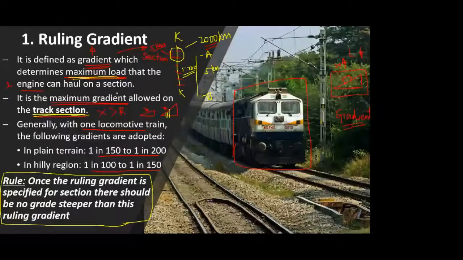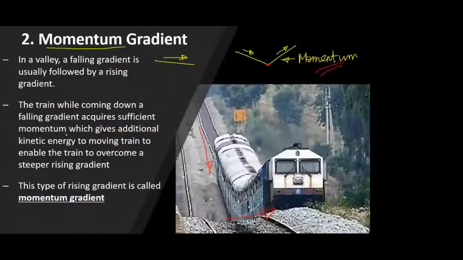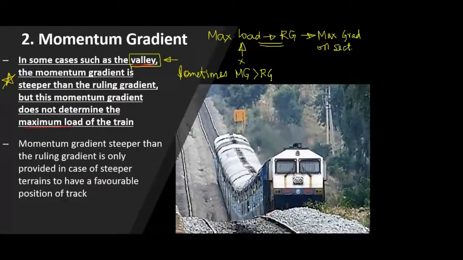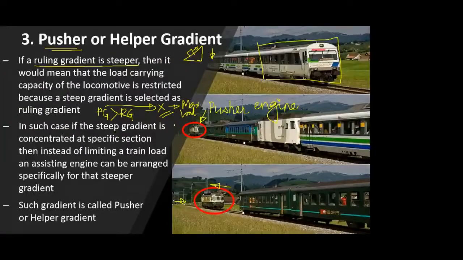And no gradient will be steeper than your ruling gradient except in some cases, and those cases are, it can be a momentum gradient in which you have a steep upgrade or an upslope, or it can be a pusher gradient. Again, it is found in the valley region. So in these cases, your gradient can be greater than your ruling gradient, but it will not be used for determining the maximum load.